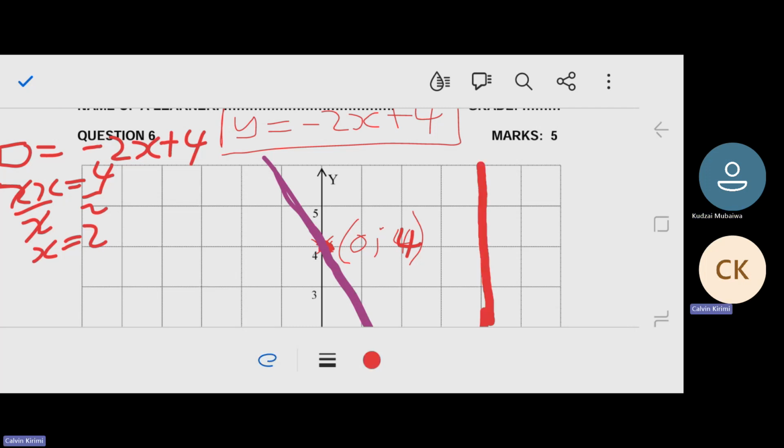If they say y equals to 4, the line y equals to 4, it will be just going like this, cutting only the y-axis. So you must know that. This is your line, which is x is equals to 4.